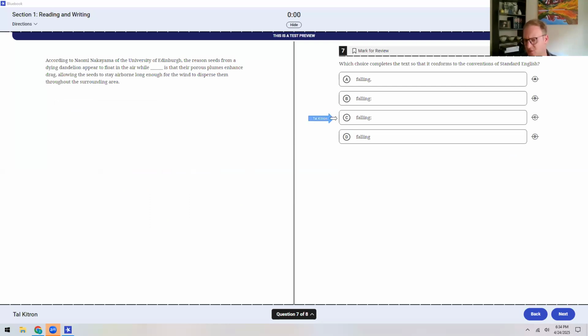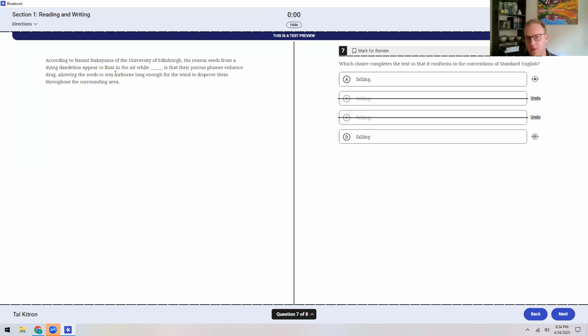So we just test, is this right? According to Naomi Nakayama of the University of Edinburgh, the reason seeds from a dying dandelion appear to float in the air while falling, period? I don't think so. So right away, we can tell that it is not C. That violates a grammar rule, because that's not a full sentence before. And we can't pick B because we also have a full sentence before a colon.